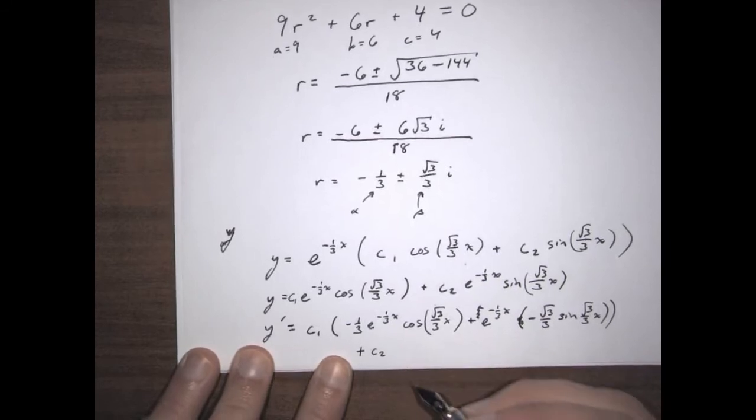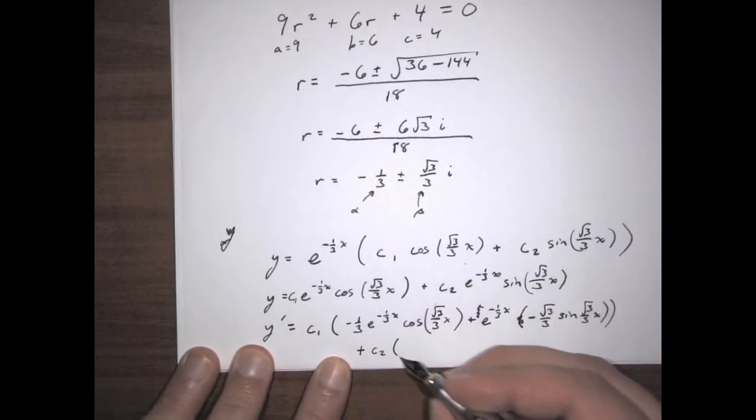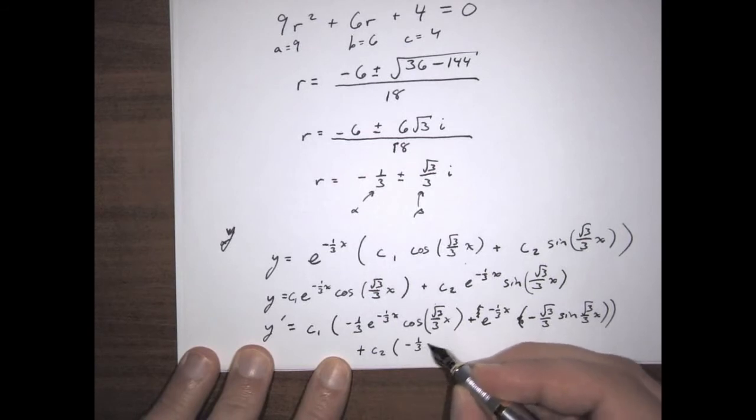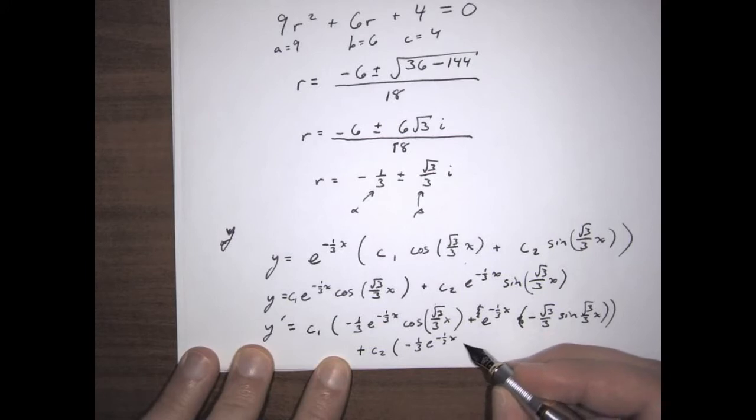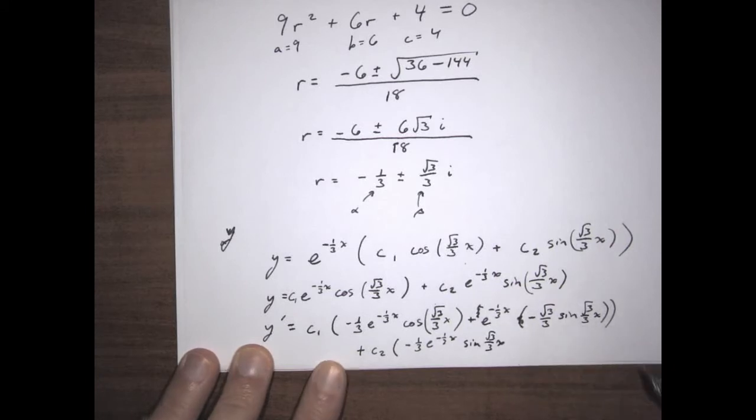c2, and then it's going to be a very similar thing on that one. So c2 times negative 1/3 e to the negative 1/3 x times the sine root 3 over 3x.